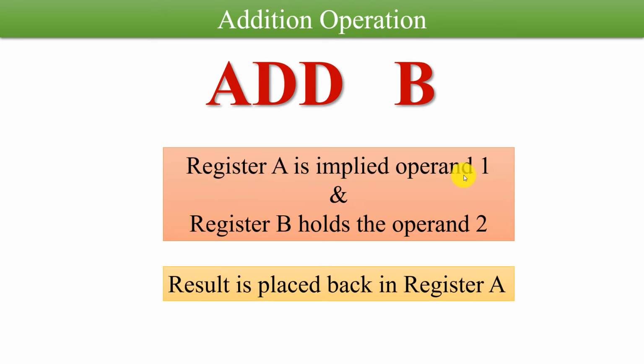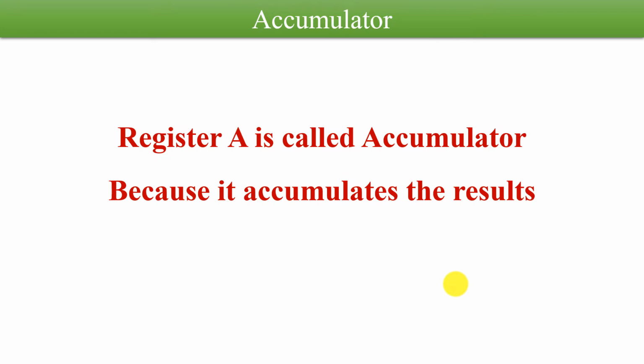So operand 1 of the arithmetic operation is register A. The register B holds the second operand and the result generated is put back in register A. Since the register A accumulates all the results one by one, whatever you perform, it goes back in register A. So the name accumulator is given to register A.